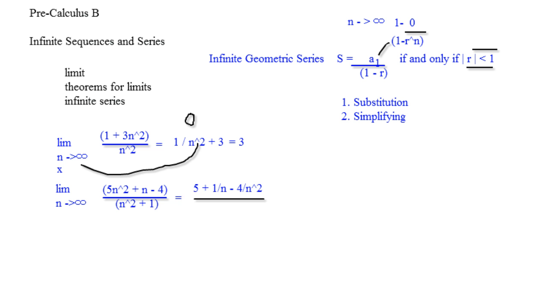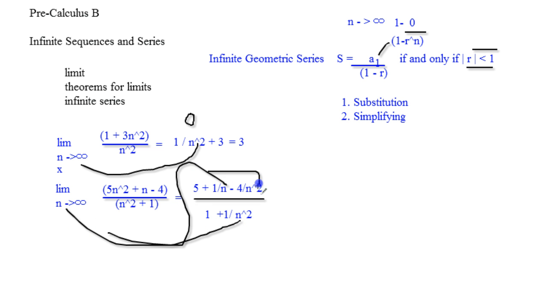And on the bottom, it's going to be 1 plus 1 divided by n squared. Now if you notice, when I plug in an infinite number, or a number really close to infinity, in these 3 situations I'm going to get zeros in all of those. So this will turn into 5 plus 0 minus 0.